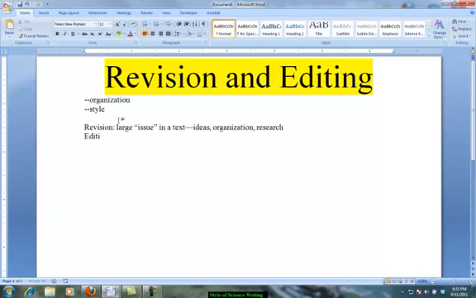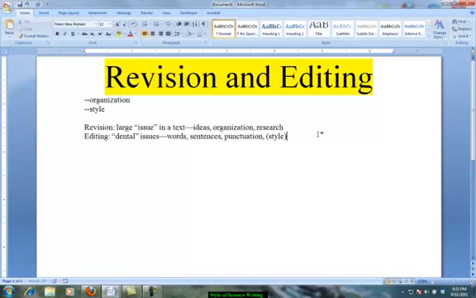The big, huge things. Editing, or what Anne Lamott calls the dental issues, covers the small things: words, sentences, punctuation. We might even include something like style to an extent.